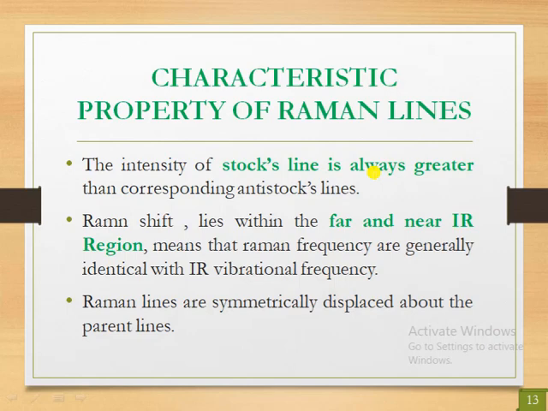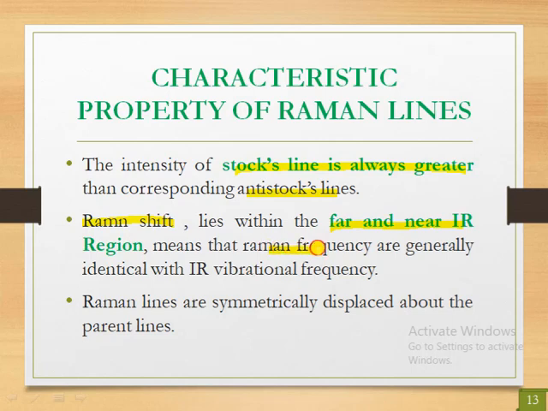So these are some characteristics of Raman lines. First, the intensity of Stokes lines is always greater than the corresponding anti-Stokes lines, as we have seen already. Second, the Raman shift, delta V bar, lies within the far and near IR region, or you can say the middle IR region.